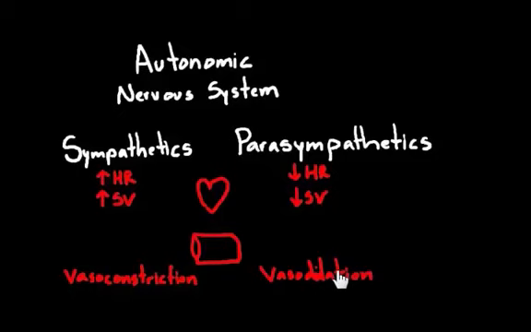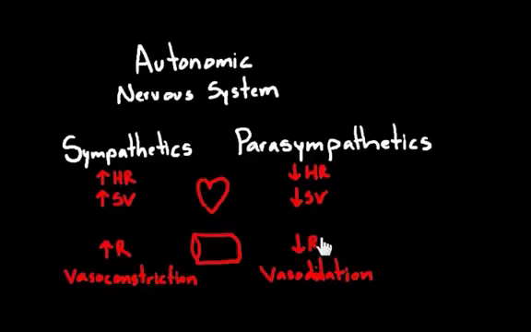So for the sympathetics, the arteries and arterioles primarily, mostly it's the arterioles, they start to get smaller. And as they get smaller, that increases resistance. And for the parasympathetics, they will cause the arterioles to get bigger, to dilate, and that will cause the resistance to fall.